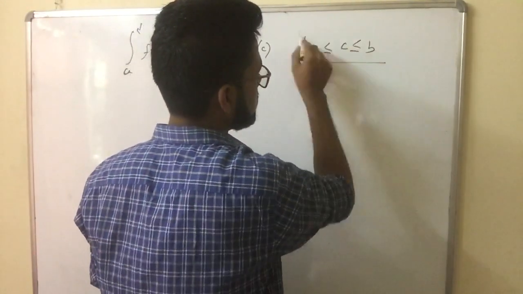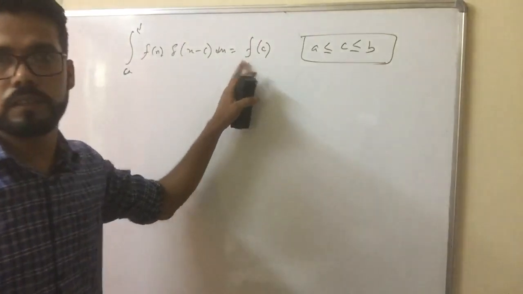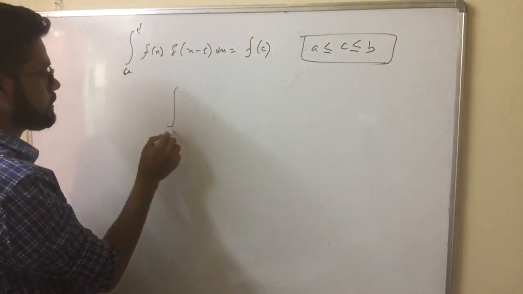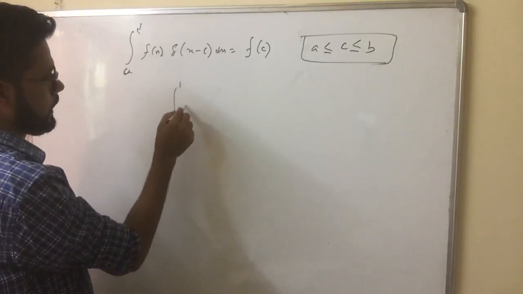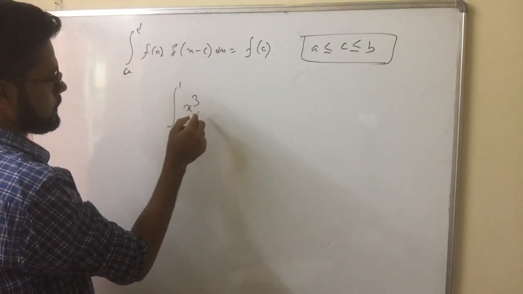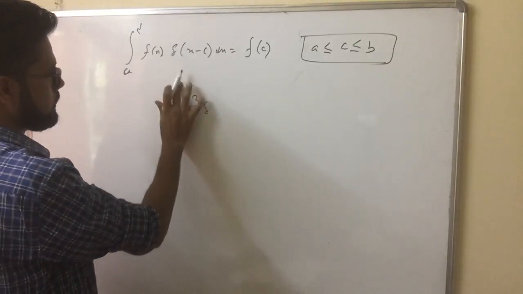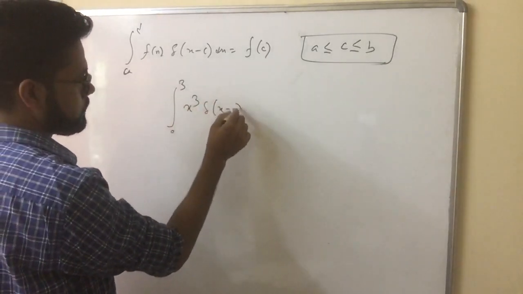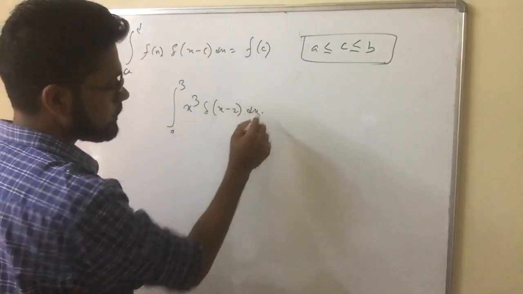This condition must be satisfied, otherwise this is equal to 0. I am giving you one example: x cube delta x minus 2 dx. What do you understand?